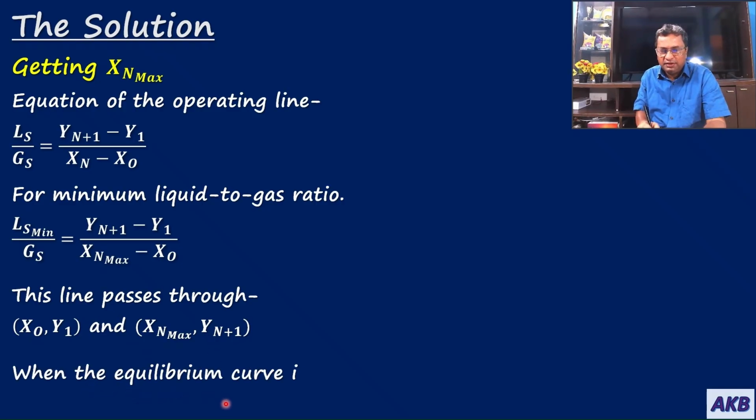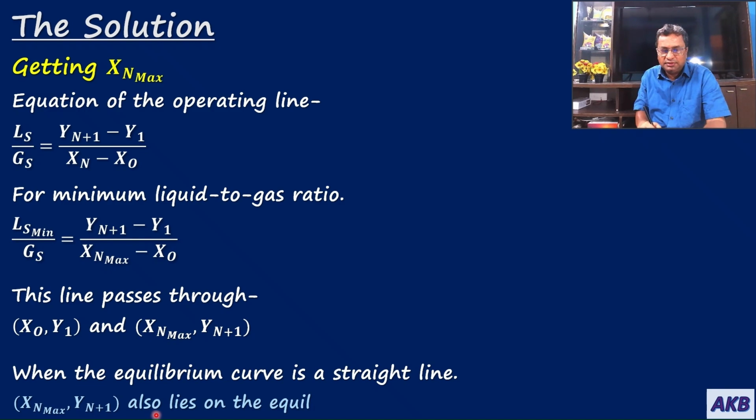When the equilibrium curve is a straight line, then the point Xn max, Yn+1, which is lying on the operating line, also lies on the equilibrium curve. Let me just show you.